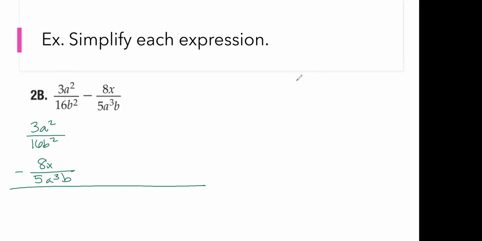So what we need to do is find the least common multiple. I can see 16b squared equals 2 to the 4th times b squared. And then 5a cubed times b is 5 times a cubed times b. So my least common multiple is going to be 2 to the 4th times 5.